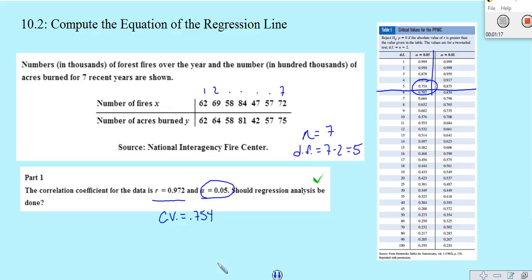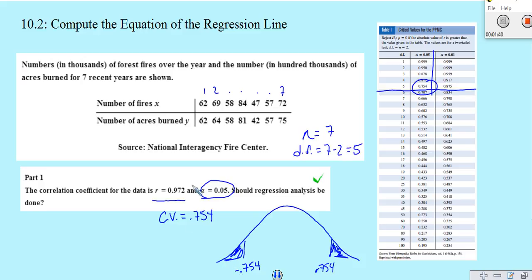When we think about our normal distribution and critical and non-critical regions, our critical region here would be 0.754, and our critical region here would be 0.754. So that's okay, let's move forward. We have a significant enough situation.